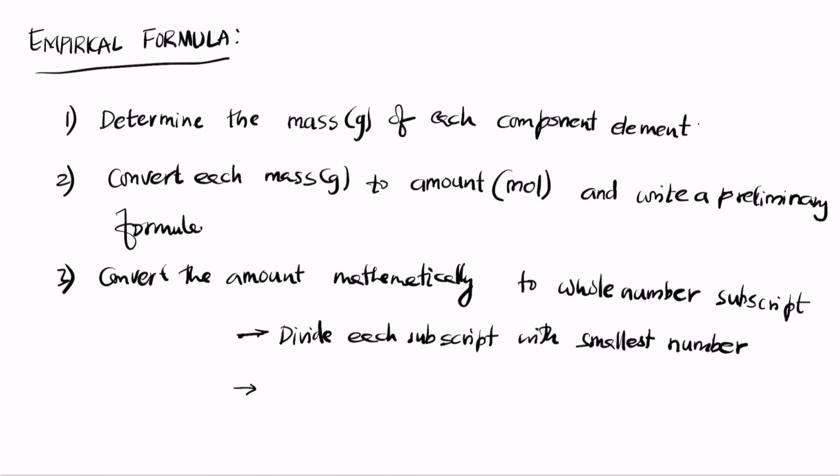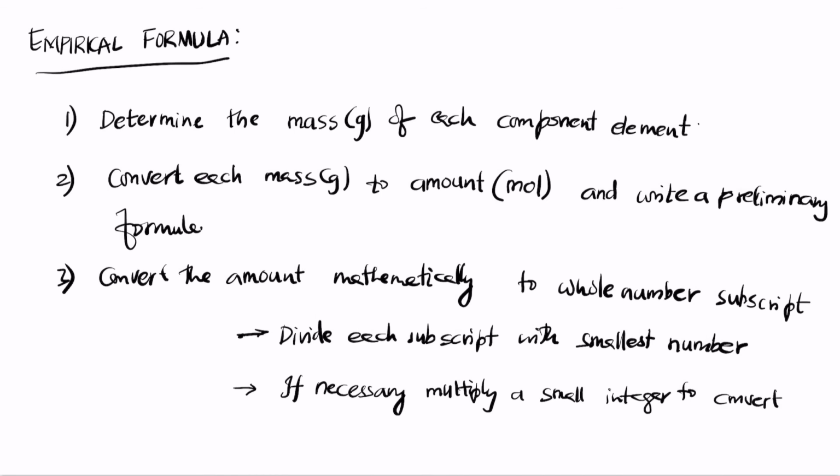And finally, if necessary, multiply by a small integer to convert any decimals into integers. Right? So this is the simplest way of doing it.